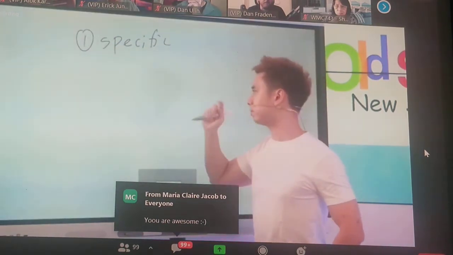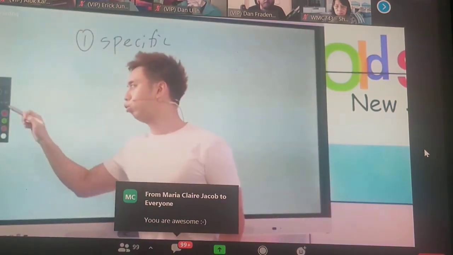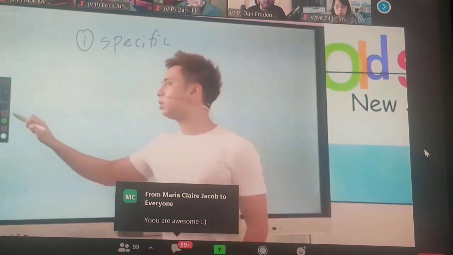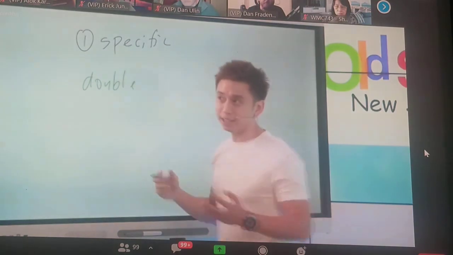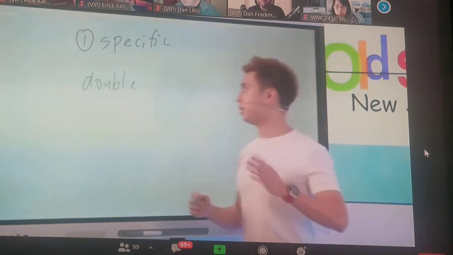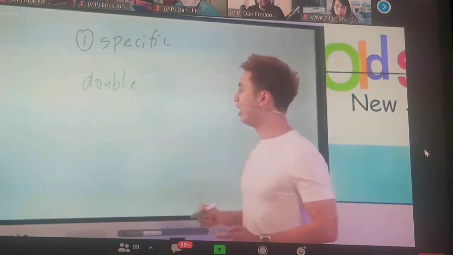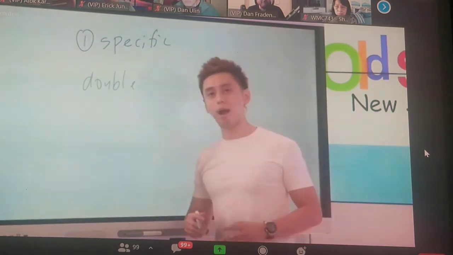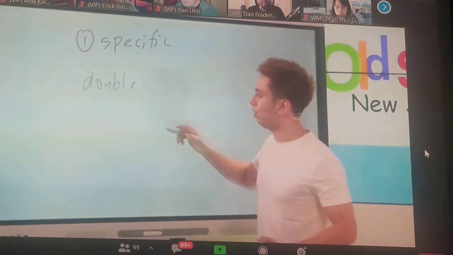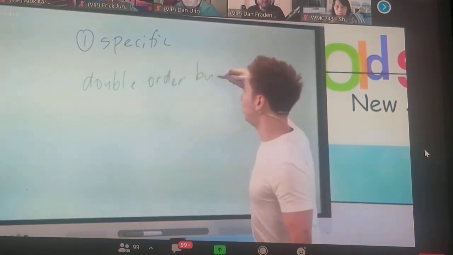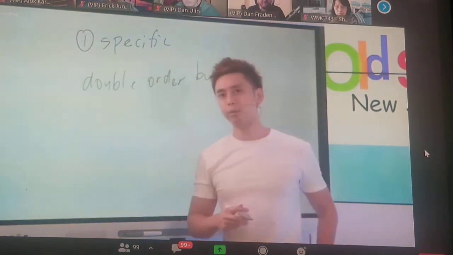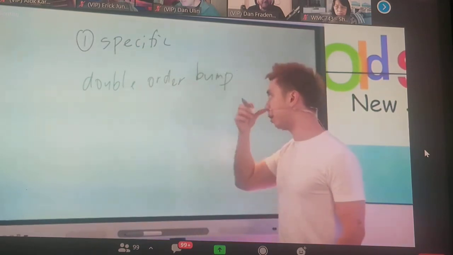An example would be integrating a double order bump. I'm using this because it's literally something that I know my team went through. I don't know how many hours they put in, but let's just say it took them a really long time to figure out how to integrate this double order bump into our products.